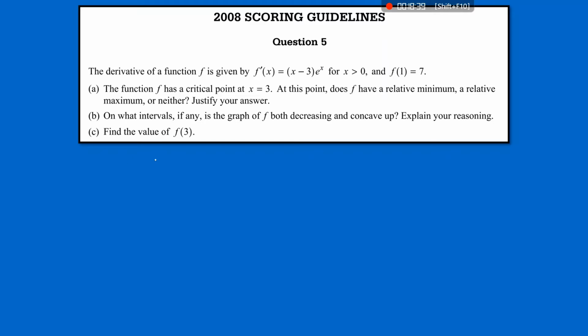So if f prime x equals 0, then we have a critical point. So we're already given that. I've got my critical point at x equals 3. How can I check to see whether this point is a relative minimum, maximum, or neither?